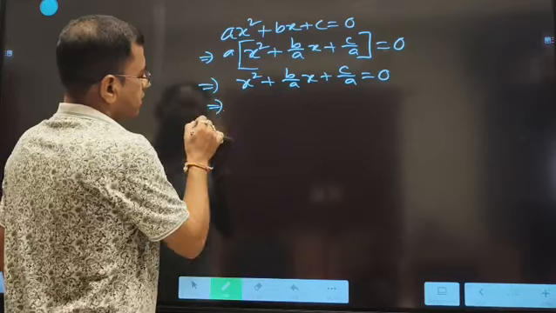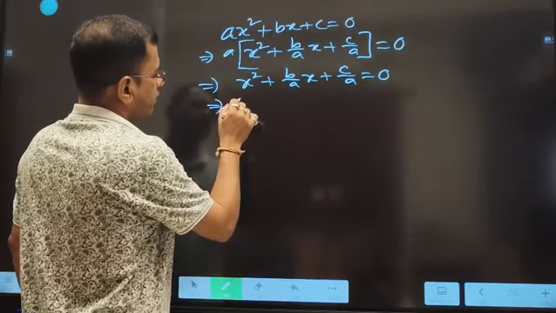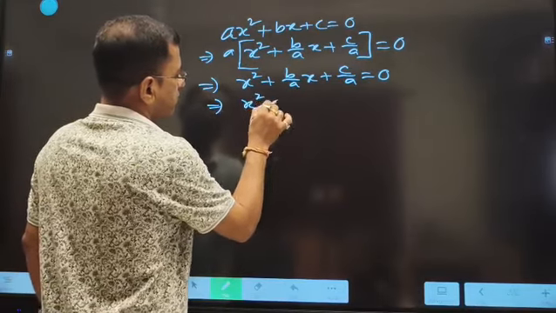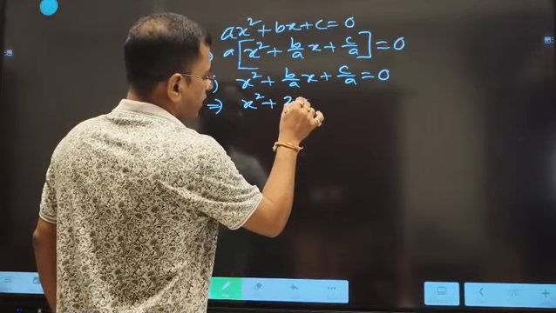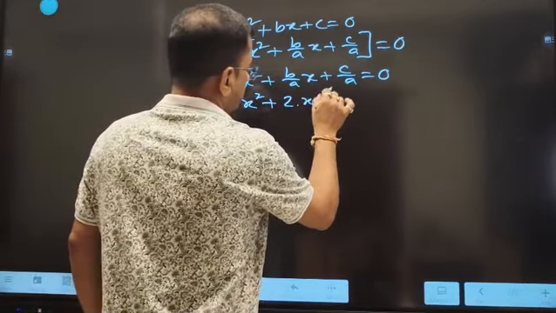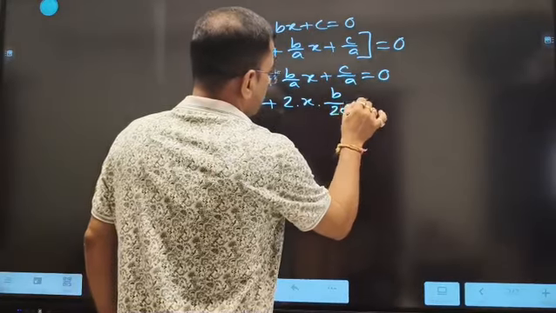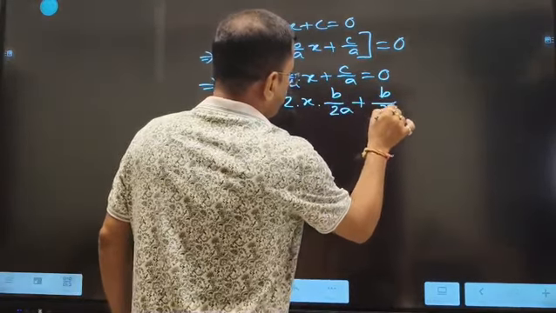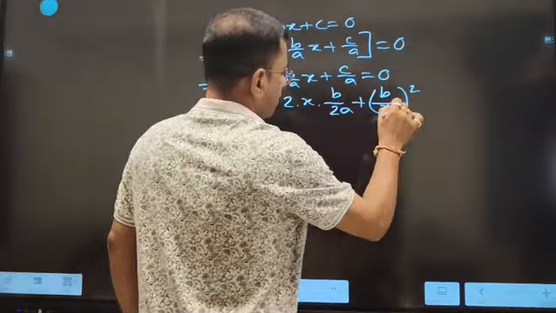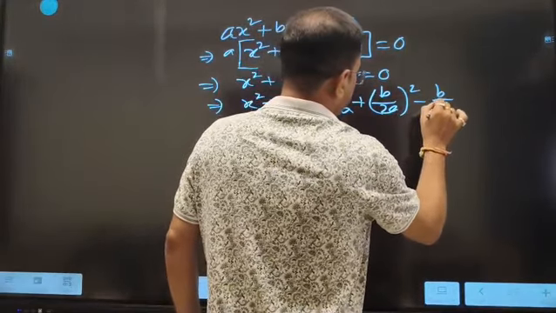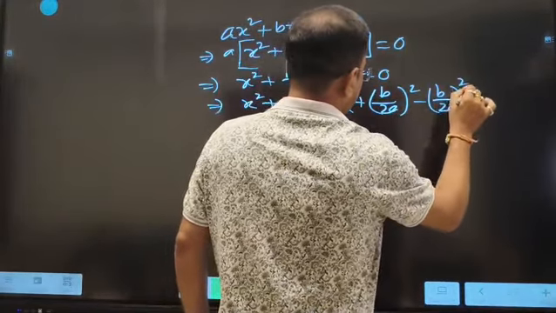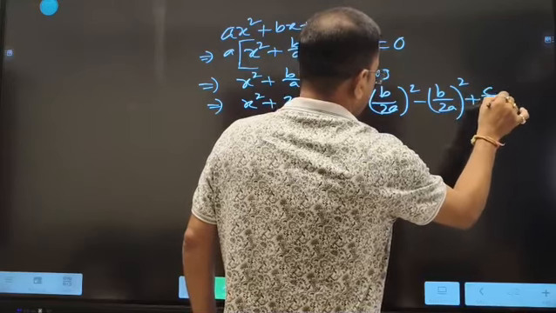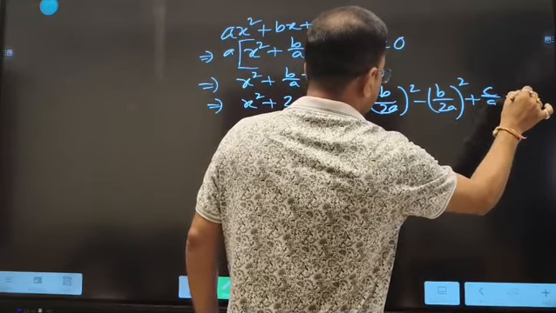Let us do the completing the square method. That is x squared plus 2 into x into b by 2a, plus b by 2a whole squared, minus b by 2a whole squared, plus c by a equal to 0.